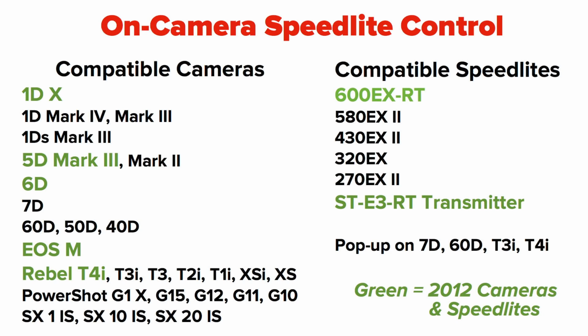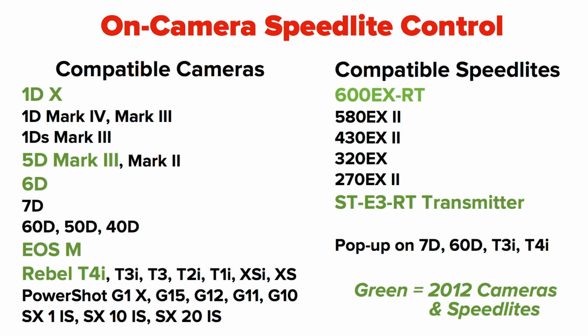So again, as a reminder, the cameras in green on the left-hand side are the 2012 models. I'm going to show the pre-2012 menu system off my 60D, and then the 2012 menu system off my 5D Mark III. In terms of compatible speedlights, it's almost everything other than the 420EX, the original 430, and the original 580EXs, 550.